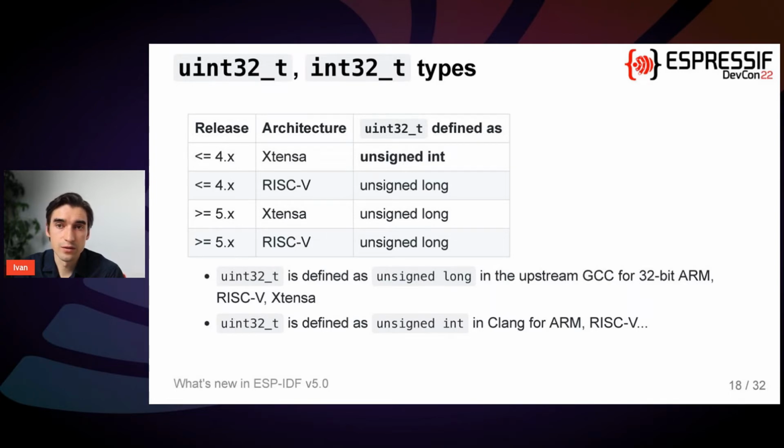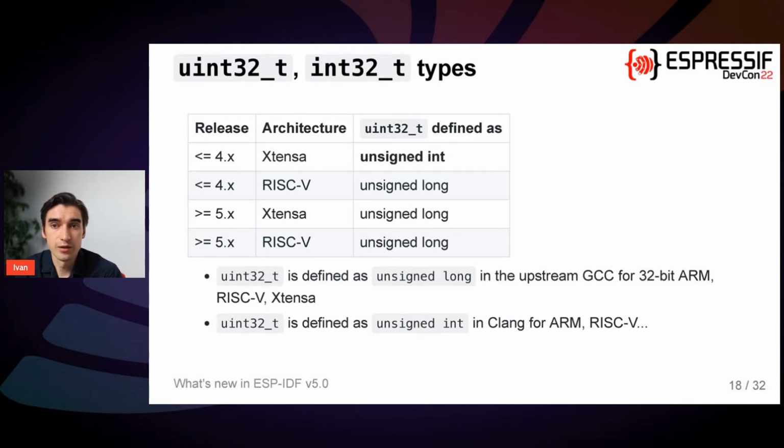So we are unifying this, and in 5.x, this type will be defined the same way as unsigned long, both for Xtensa and RISC-V. And actually, this is also the way this type is defined in upstream GCC for 32-bit ARM, RISC-V, Xtensa architectures. So we are just removing this behavior that in Espressif Xtensa toolchains, uint32_t has been defined as unsigned int in the past.